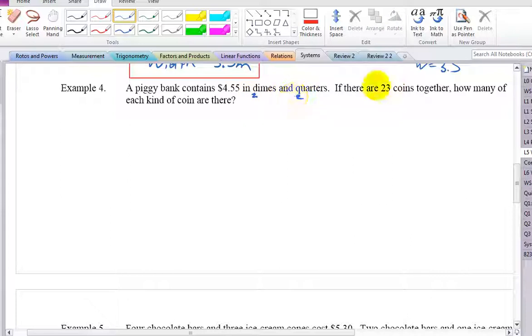Okay? So this person in their piggy bank has 23 coins together. What's one equation we can make up? Yeah, the total number of dimes plus the total number of quarters equals 23. Okay. For the second one, it's going to be a little bit harder. You have a value of $4.55.